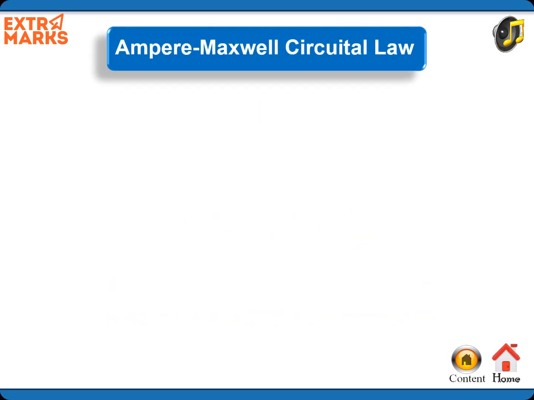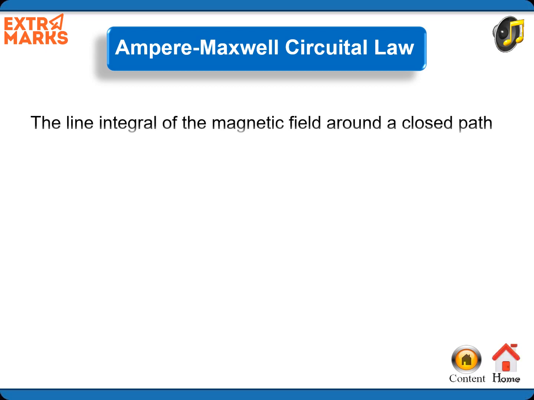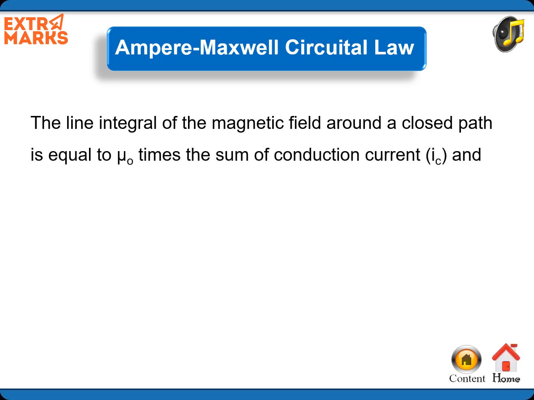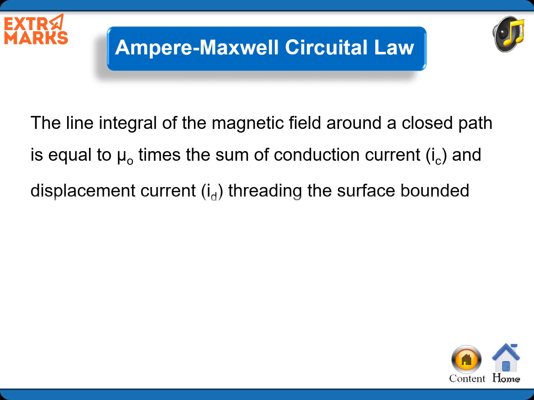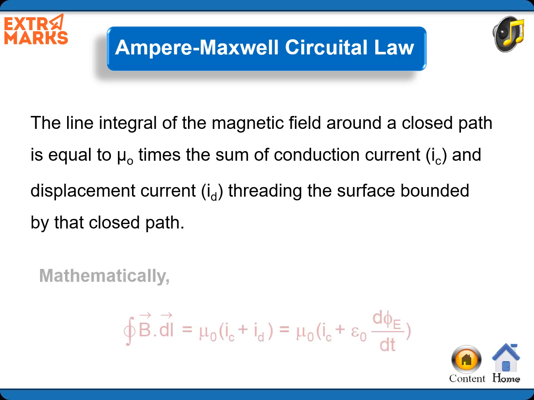The Ampere-Maxwell circuital law states that the line integral of the magnetic field around a closed path is equal to μ0 times the sum of conduction current and displacement current threading the surface bounded by that closed path.